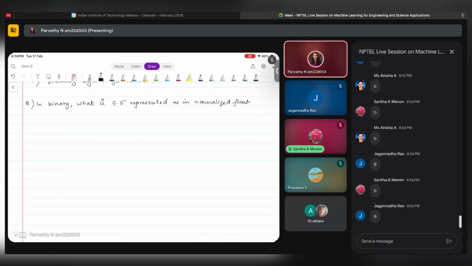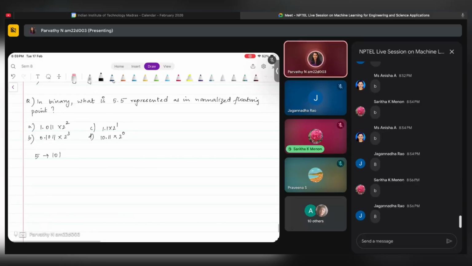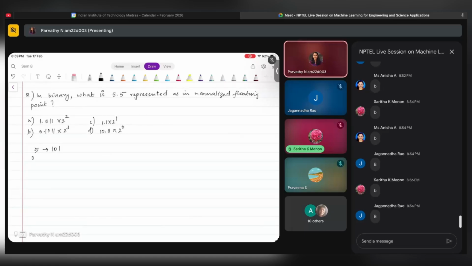So in normalized floating point representation, how is the binary 5.5 represented? So 5 in binary is 101. 0.5 is 0.1.